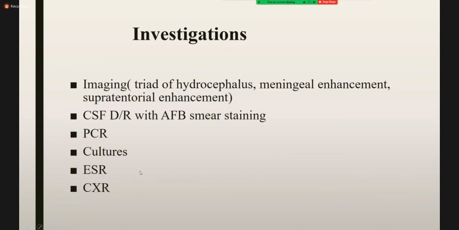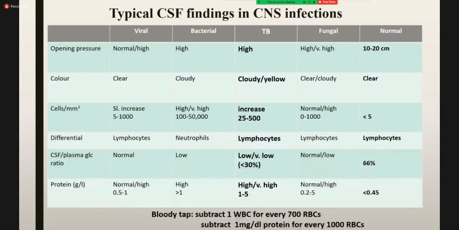ESR can be raised, and the chest X-ray may show certain other findings which will show that your patient might have tuberculosis, miliary tuberculosis, or previous latent tuberculosis, or evidence of previous tuberculosis.